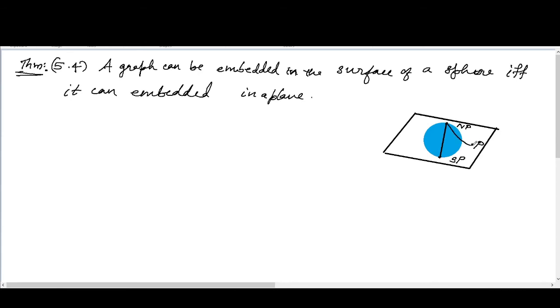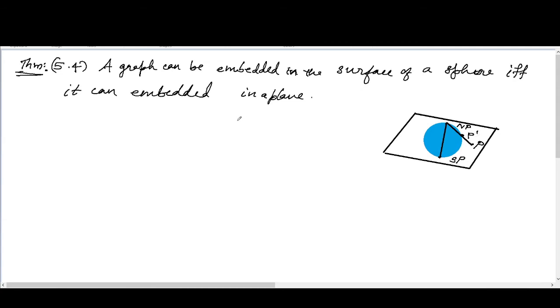After that we join those 2 points by a straight line. Join this north pole with this point P. Now here we have an intersection point. We can denote that point by P dash.